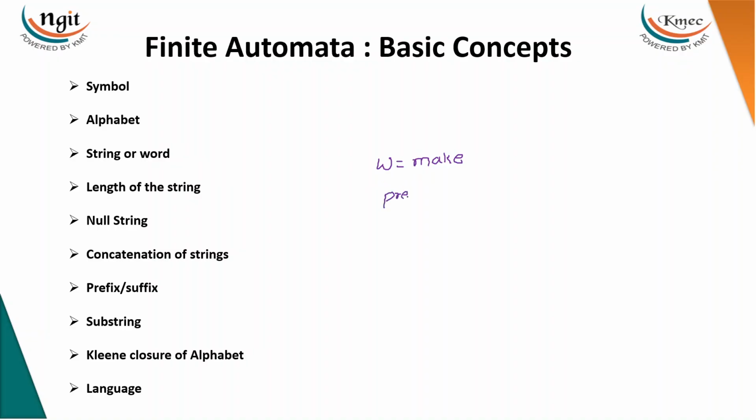The possible prefixes are: 0 length, epsilon; 1 length, M; 2 length, MA, but don't take A because you are going to skip M; don't take MK, we are skipping A, that's not from the left side; then MAK, and MAKE. In the same way, suffixes mean you have to take the trailing symbols from the right side. 0 length means epsilon, 1 length means E, 2 length means KE, 3 length means AKE, 4 length means MAKE, like this.